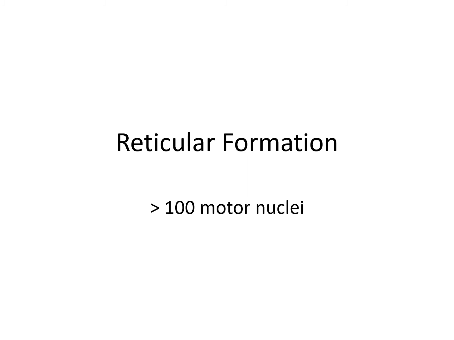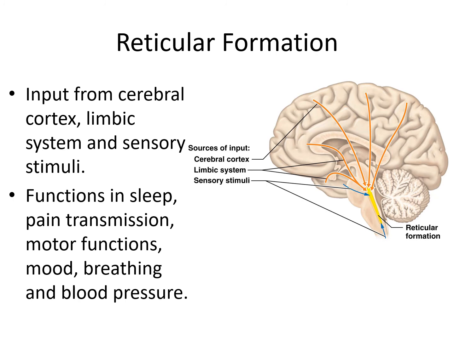We've been mentioning the reticular formation and its functions, and it's a very complicated structure. More than 100 motor nuclei are located in the reticular formation, so it's a very complicated area of the brain, and it receives input from different parts of the brain: the cerebral cortex, the limbic system, and sensory stimuli.